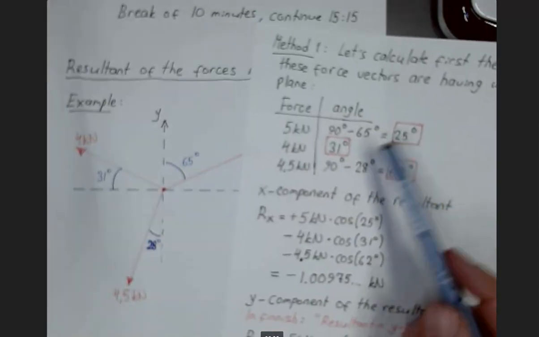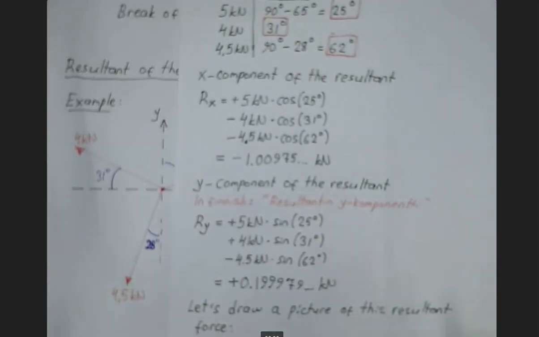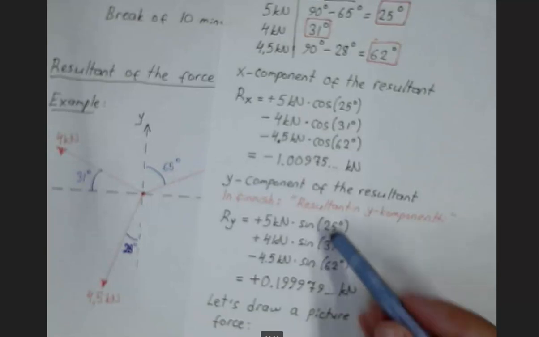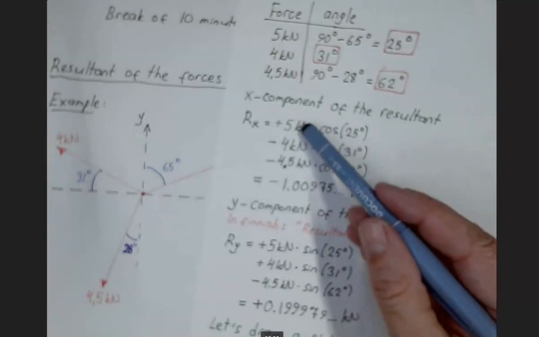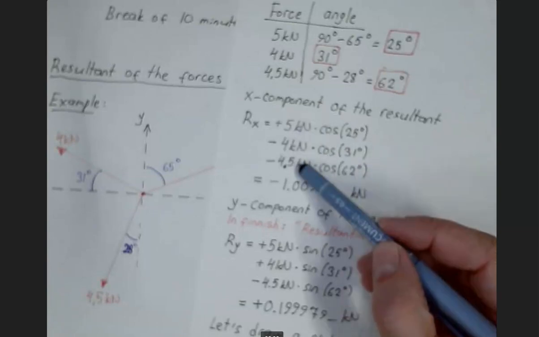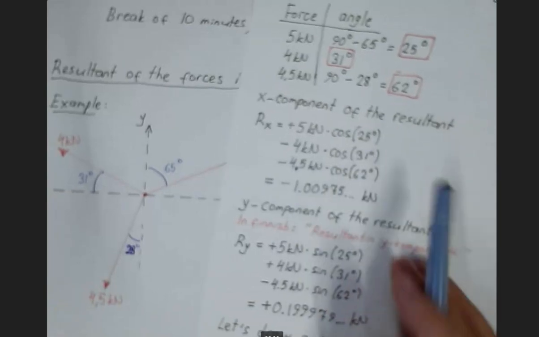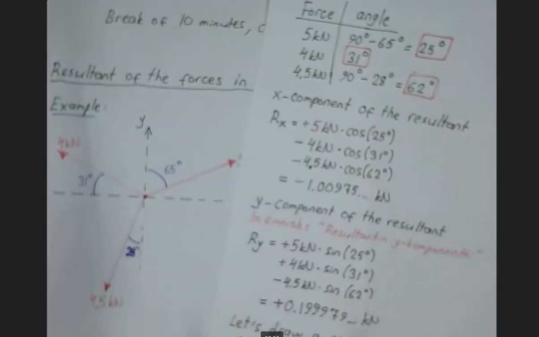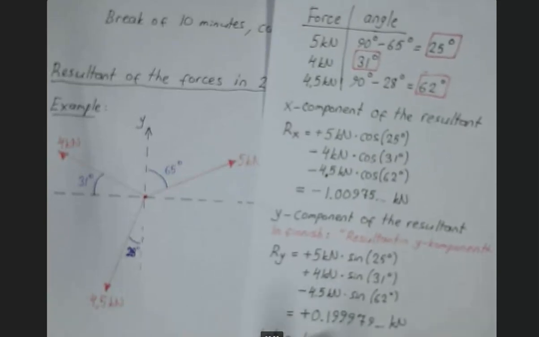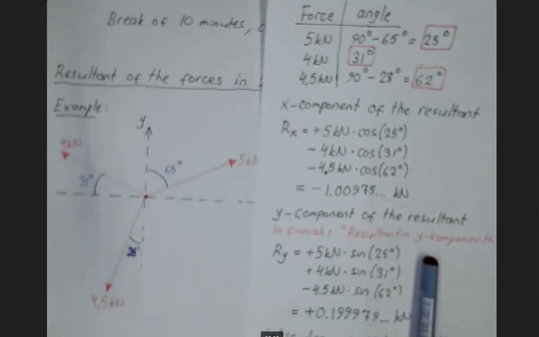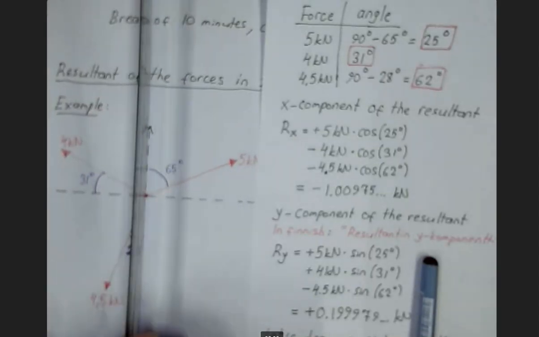And when I had these angles there, then I calculated the x component of the resultant by using cosines of those angles and the magnitude of those forces. And these signs here depend on which direction those forces are pointing when you are comparing the direction to the vertical plane.